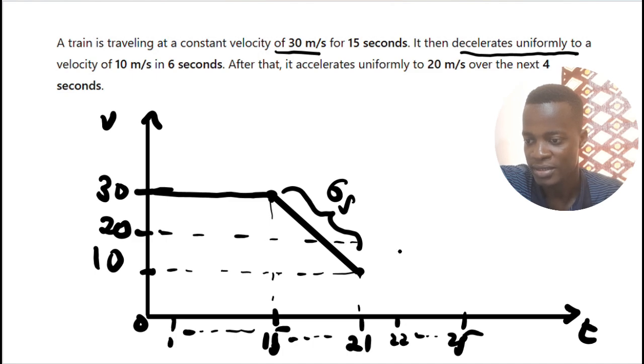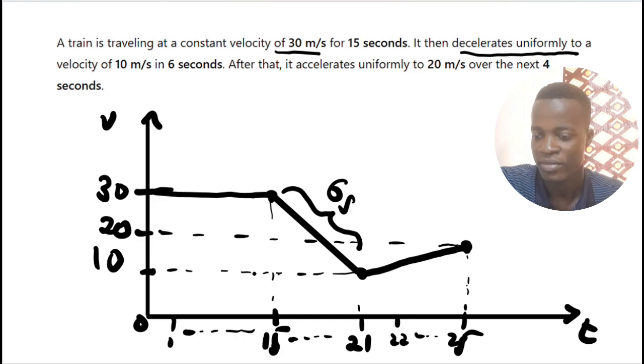So the 20 and the 25 are going to meet here, and then you accelerate. So you connect this point to this point, right? So we are done with this. So we finally got something as simple as this one.